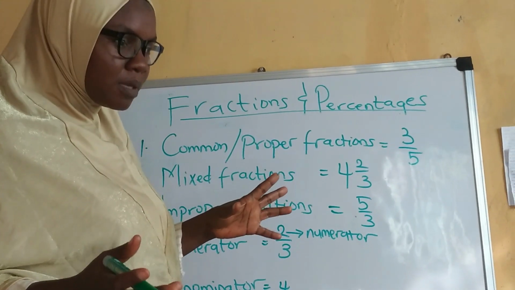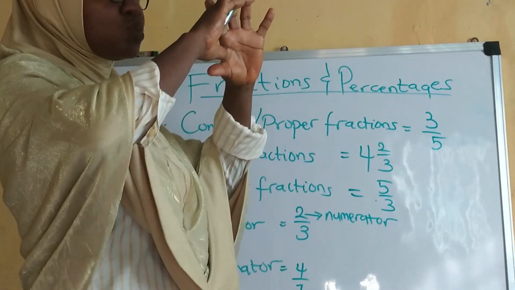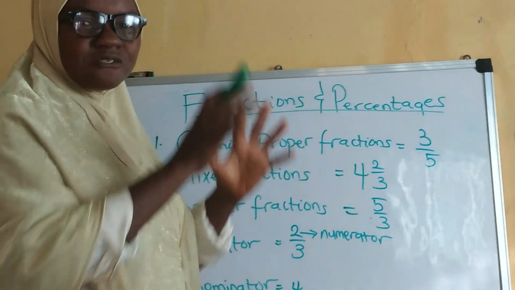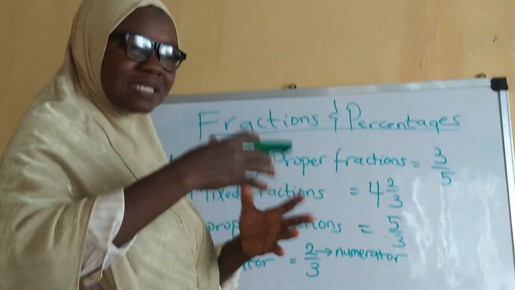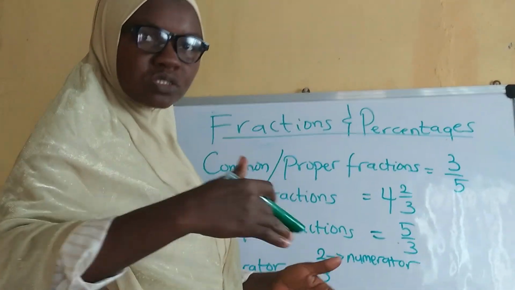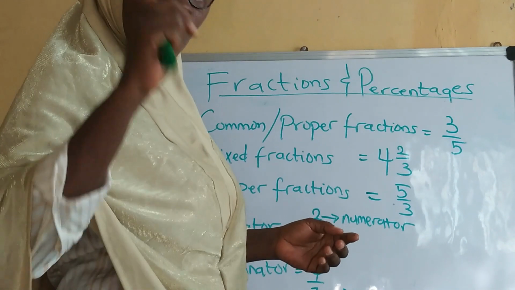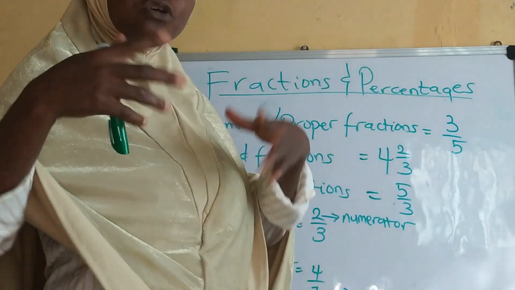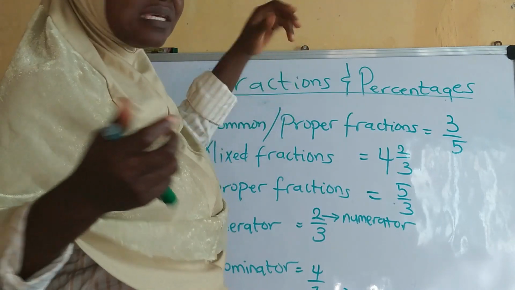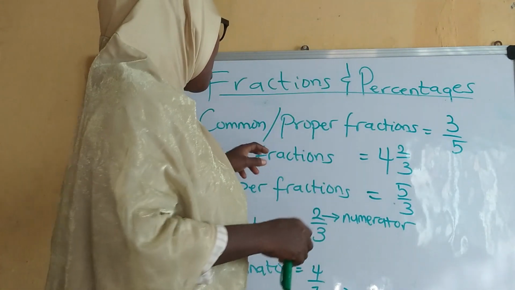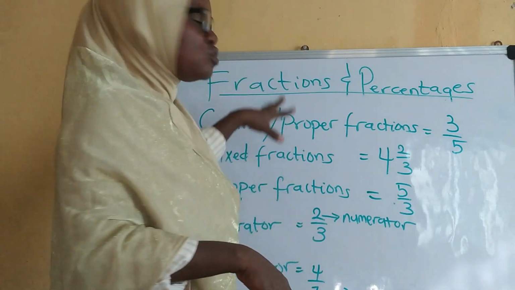A whole number we use to quantify something that is whole, that is full, that we did not cut, that we did not divide. While we use a fraction for something that is divided, something that we cut. Do you understand? And usually fractions are not up to 1. All right. Now before we move on to examples, I want us to see through all these common terms that we use in fractions and percentages.